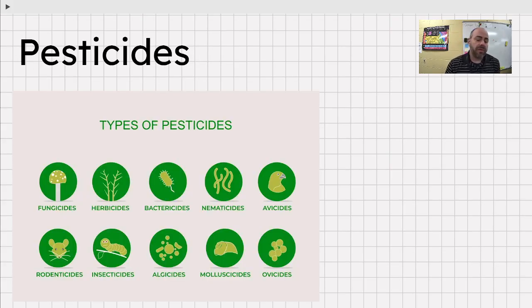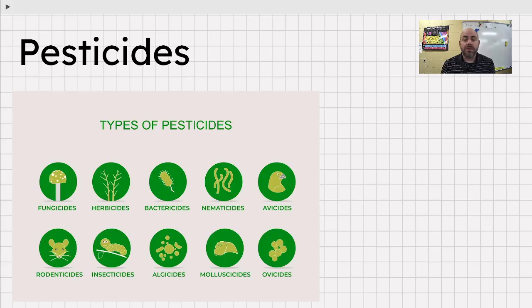There's several different kinds of pesticides. There's fungicides and there's herbicides, and look at all the different things. Herbicides, insecticides, these are some of the ones that we see around here more frequently. Rodenticides, molluscicide, never heard of molluscicides before. An ovicide, I guess that gets rid of eggs.